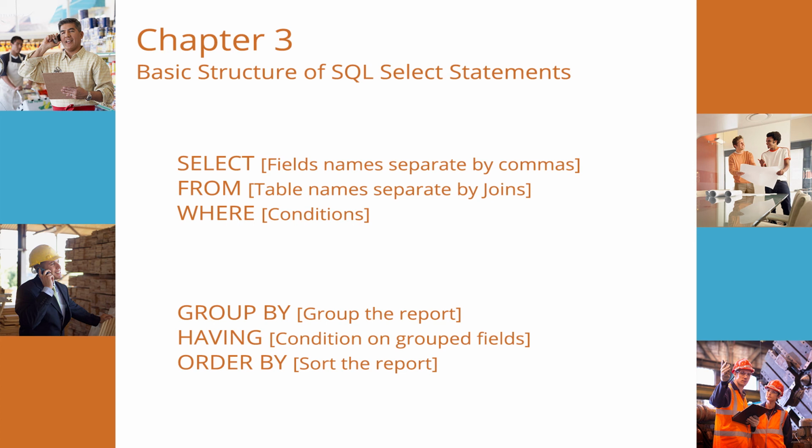For example, if you want a report that will show how many invoices for each client, this is where we're going to use group by. Having is going to be a condition on the grouped field because you cannot do that in the where. And then order by if we ever want to sort the report in a specific way as a default.